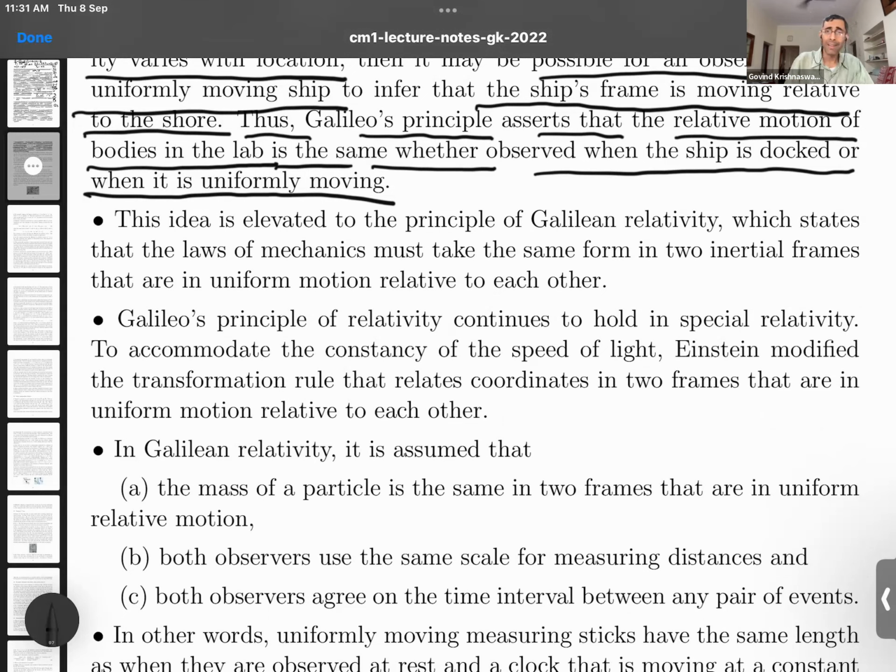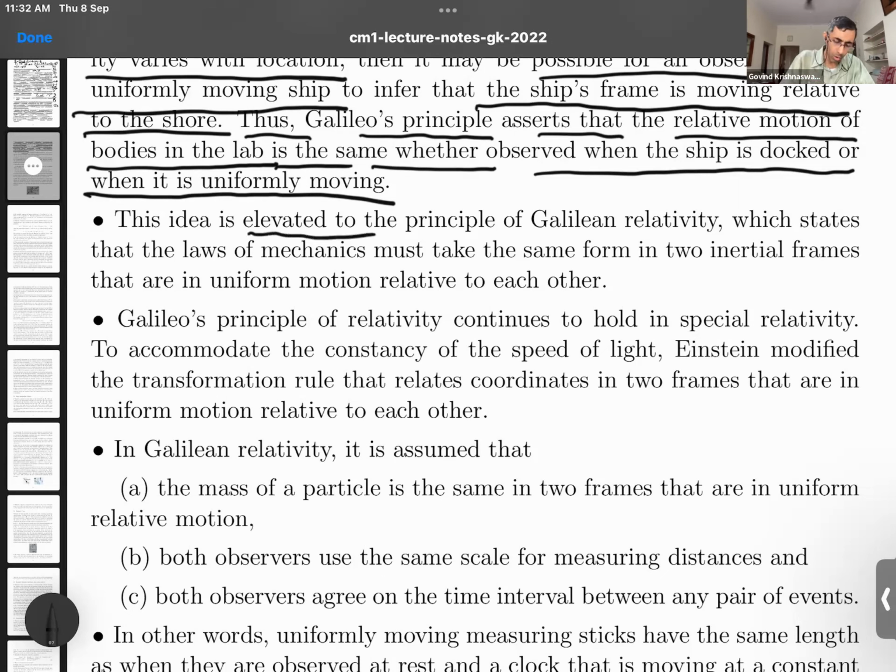So now this idea that mechanical experiments internal to the ship cannot detect uniform motion of the ship relative to an inertial frame is elevated to the principle of Galilean relativity, which states that the laws of mechanics must take the same form in two inertial frames that are in uniform motion relative to each other.